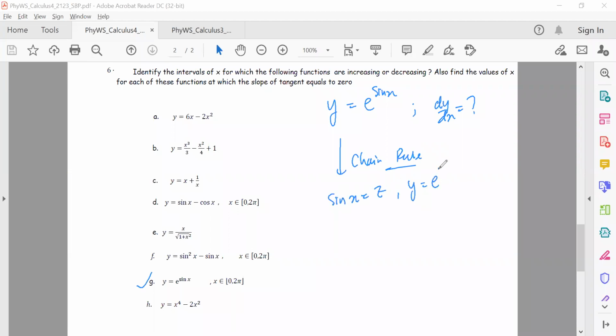So y is e raised power z. So therefore, dy by dx will become differentiation of e raised power z into differentiation of z with respect to x, which is cos x. So cos x into e raised power sin x. That is the derivative of the function. So yes, this is clear.